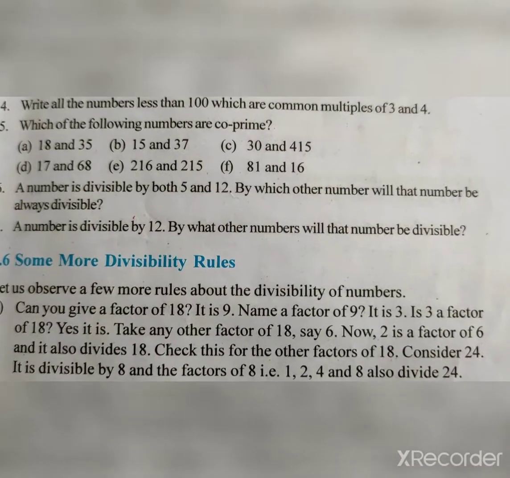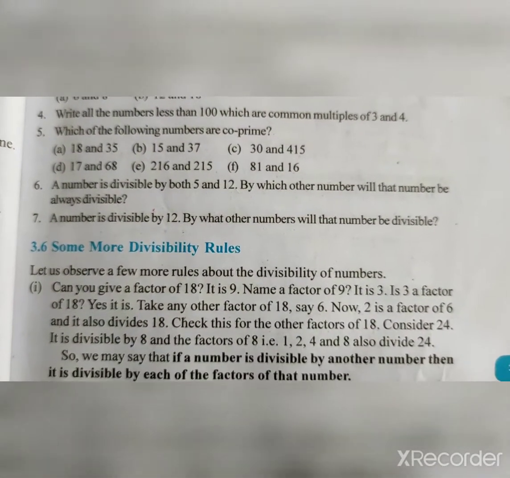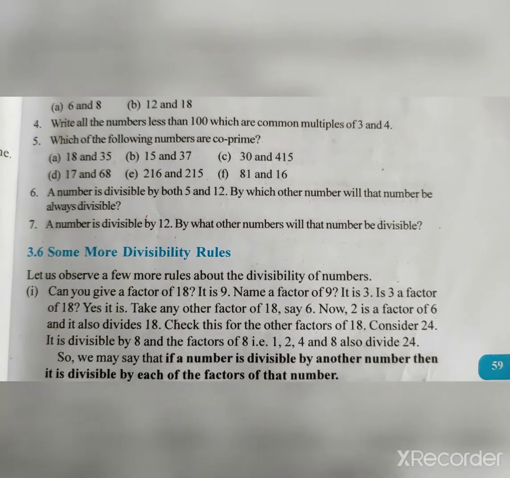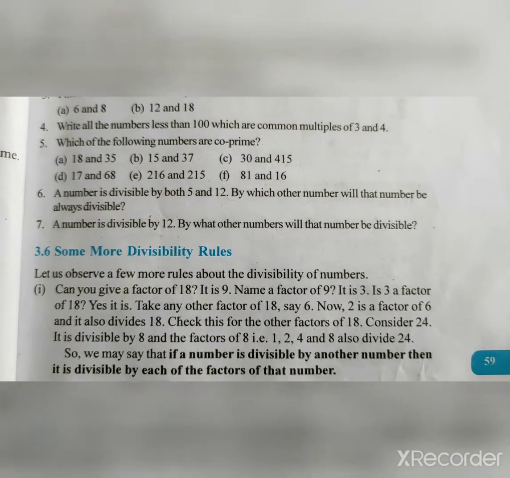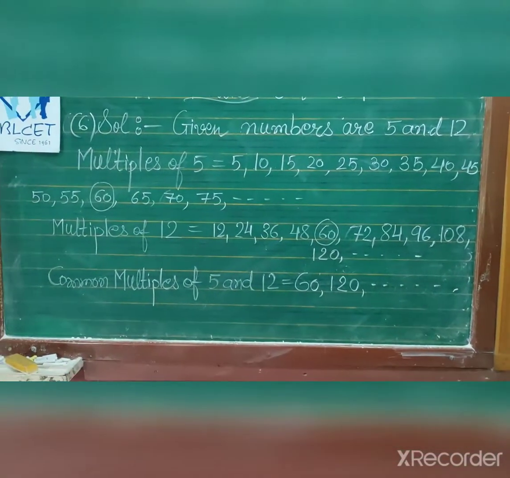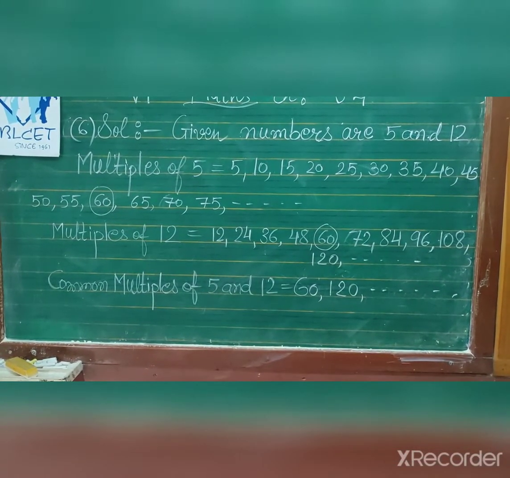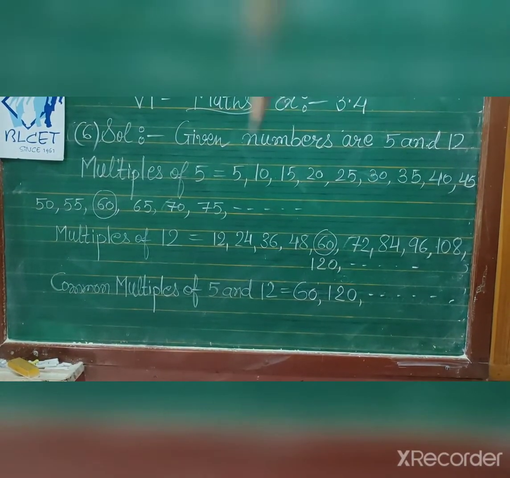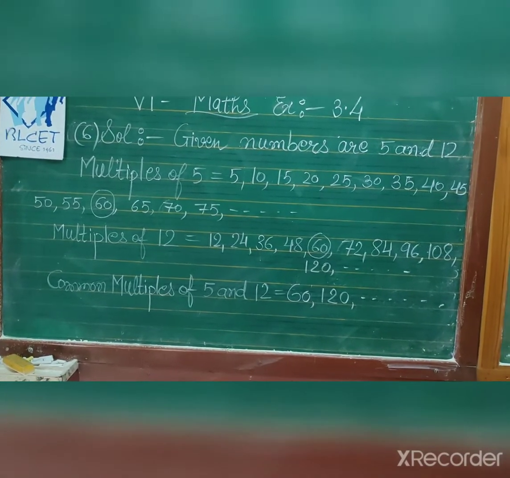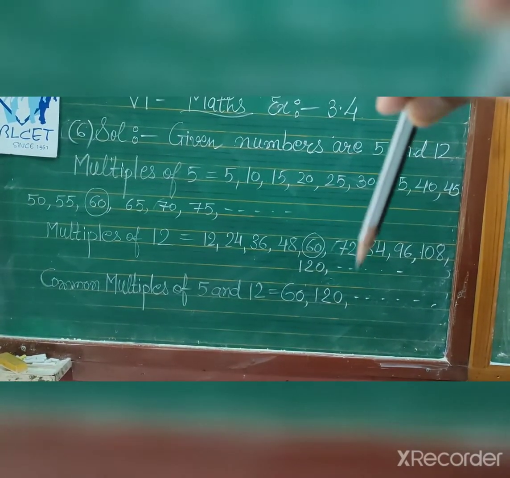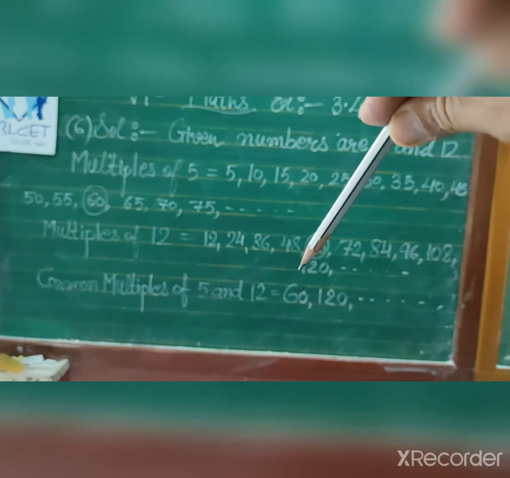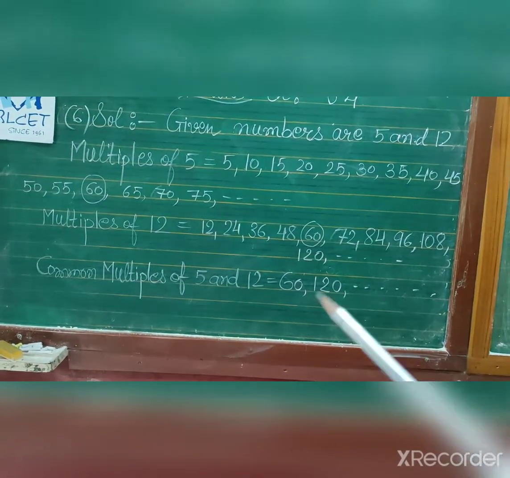Now sixth question: a number is divisible by both 5 and 12. By which other number will that number always be divisible? So let us start this sum. In this question, first you will write multiples of 5, then multiples of 12. Now you can see common multiples: 60, and other than 60, 120 will also be there. I have not written it here, but the next multiple will be 120. The first smallest common multiple is 60.